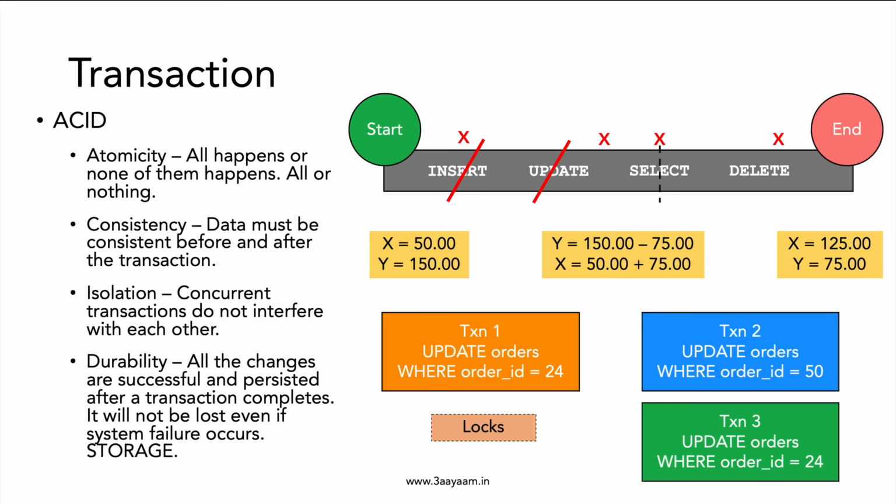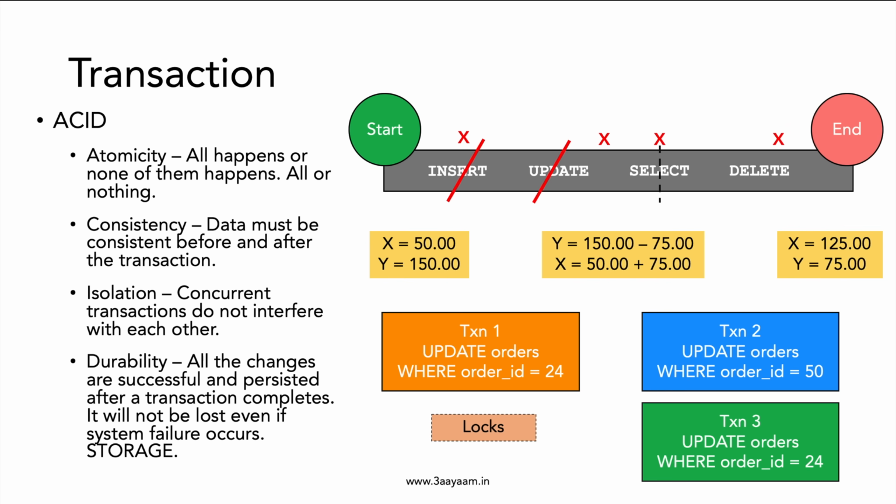And the last one is durability. All the changes that are successful are persisted after a transaction completes. So it will not be lost even if a system failure occurs, and it is handled by the storage system. Redshift has local storage for DC2 node types, and for RA3 node types we have Redshift managed storage, which is a combination of local SSD storage and S3.